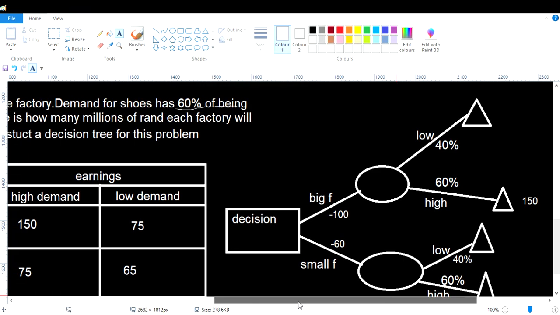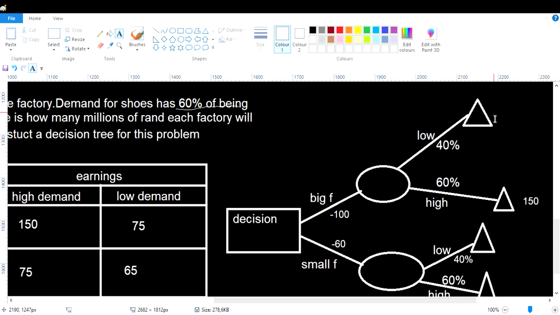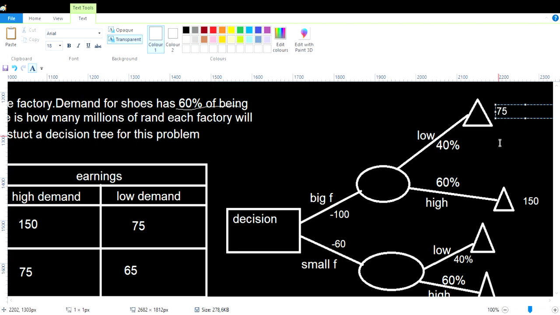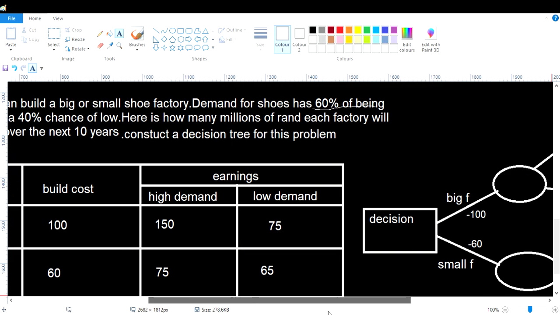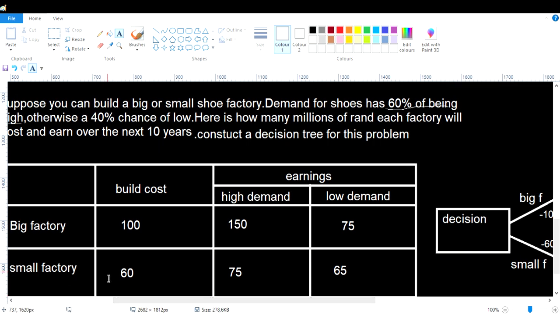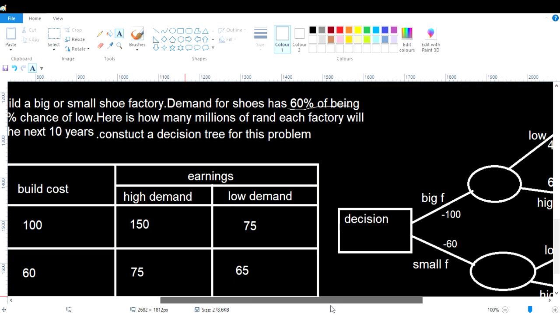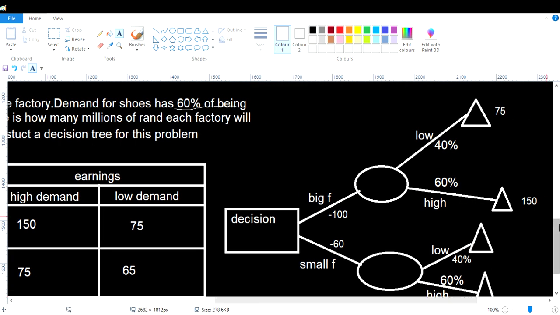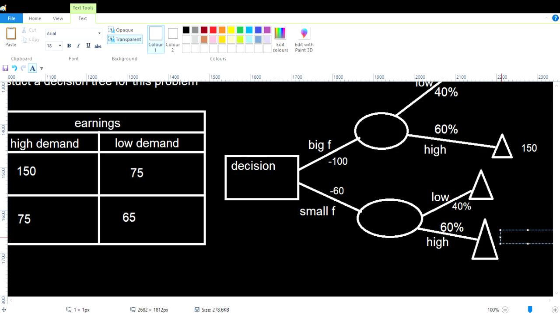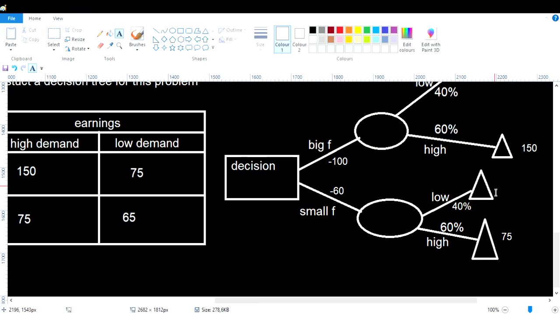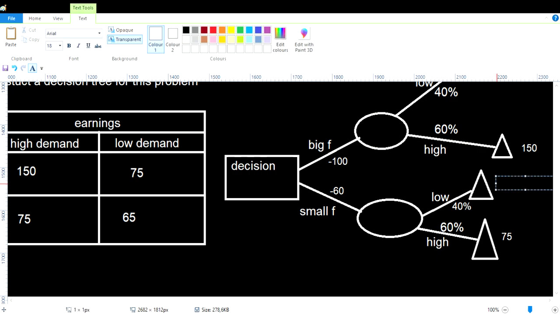If the demand is low, we're going to get 75. Then for the small factory, the cost for building is 60 million. If the demand is high, we're going to get 75. If the demand is low, we're going to get 65.